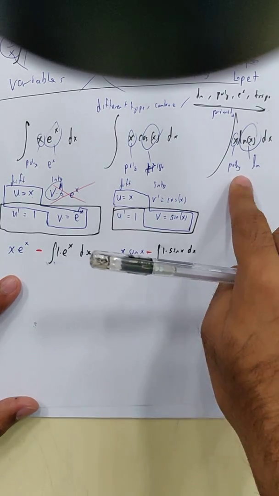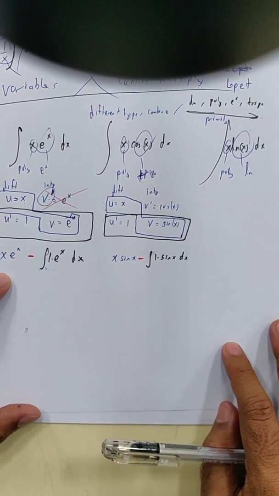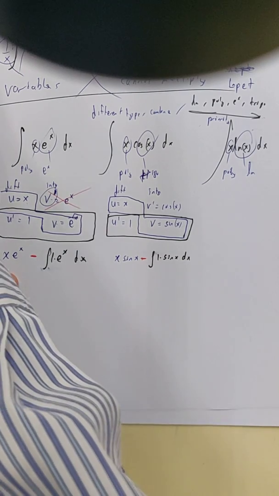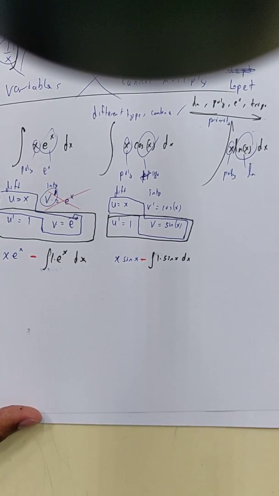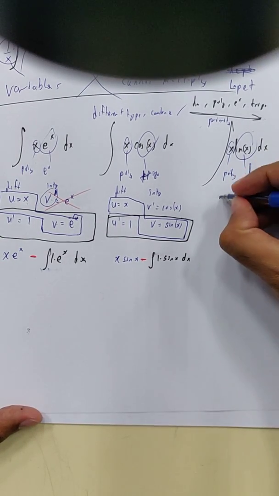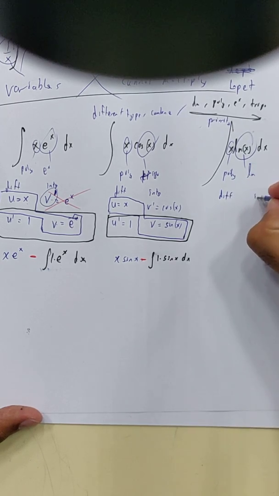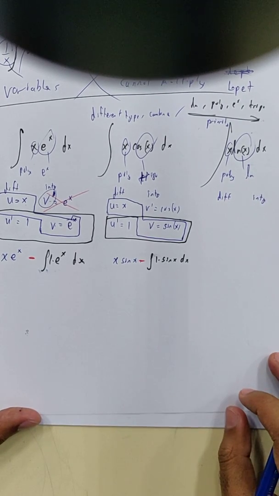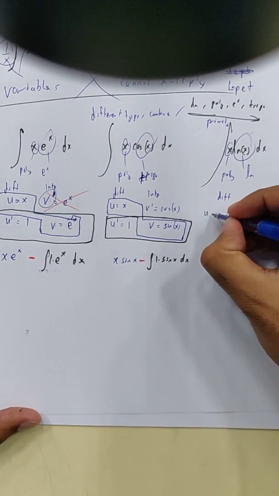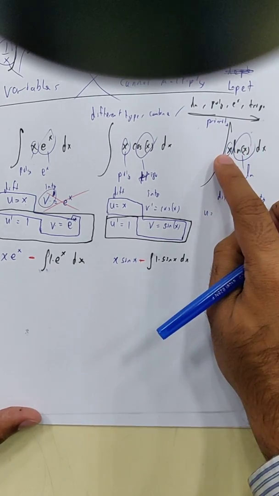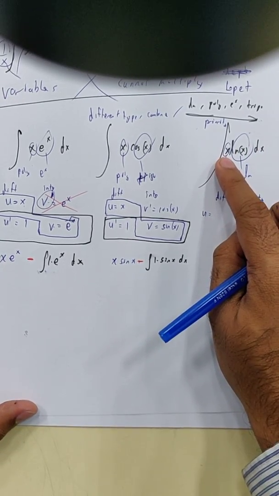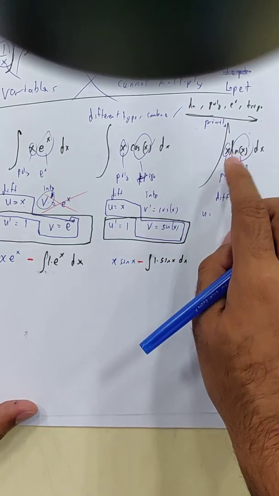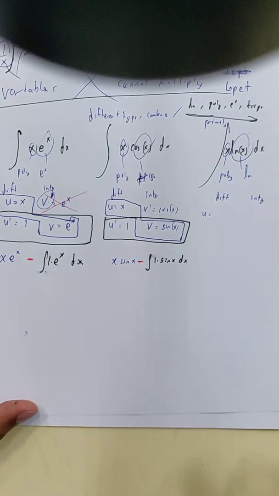Now what about this one over here? I'm differentiating what and I'm integrating what? I'm differentiating ln, why not x? The priority goes to ln before x. Okay?